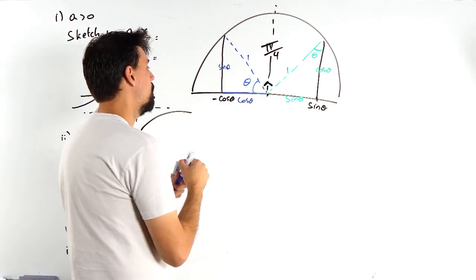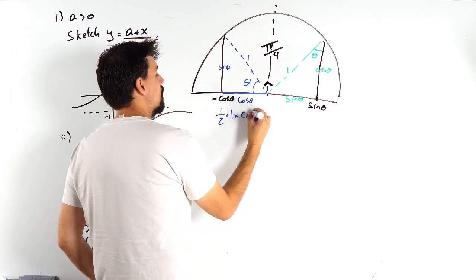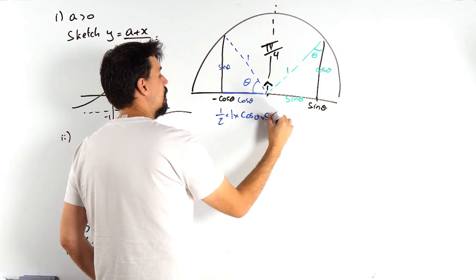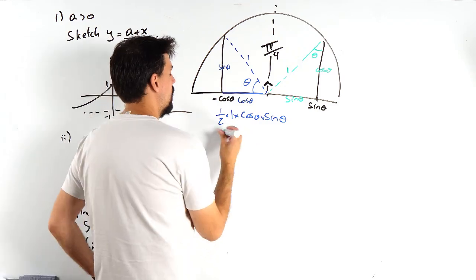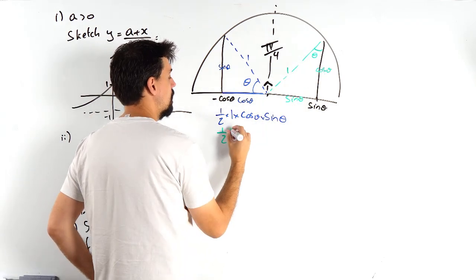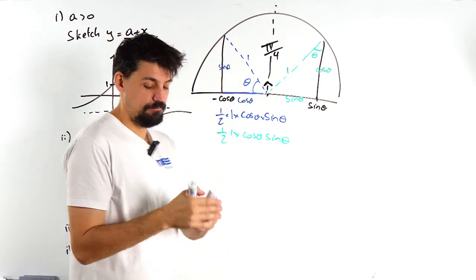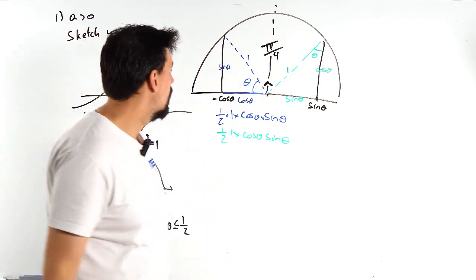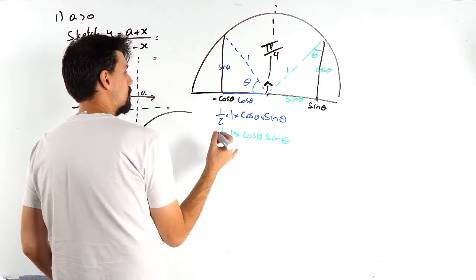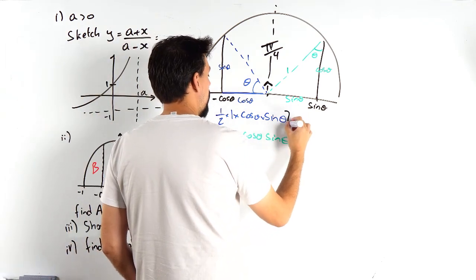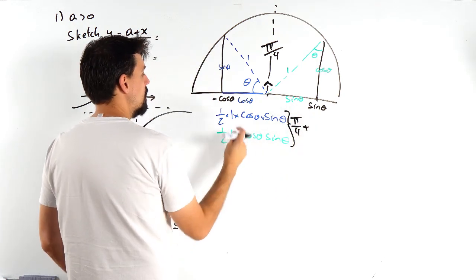The blue area, well, we'll just do triangle: half a b sine C. And the green triangle is half a b sine C. So the area of A is going to be pi over 4 plus this.